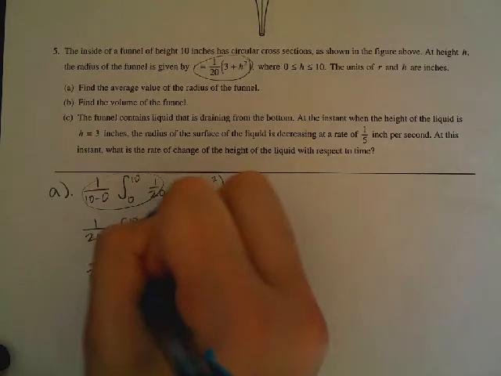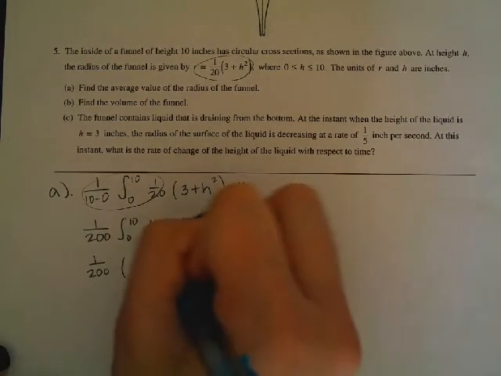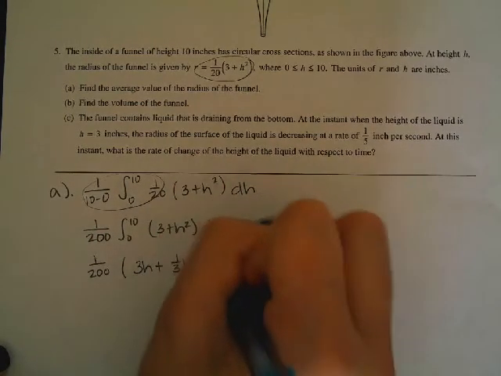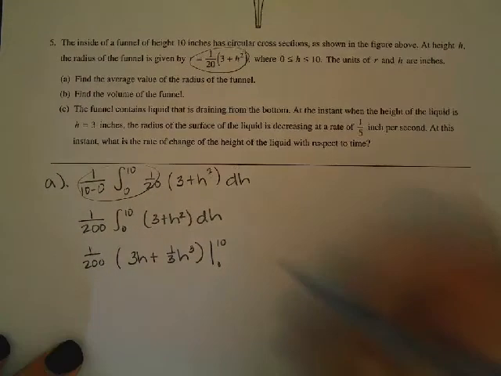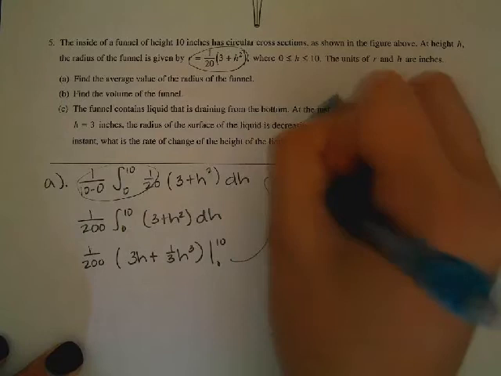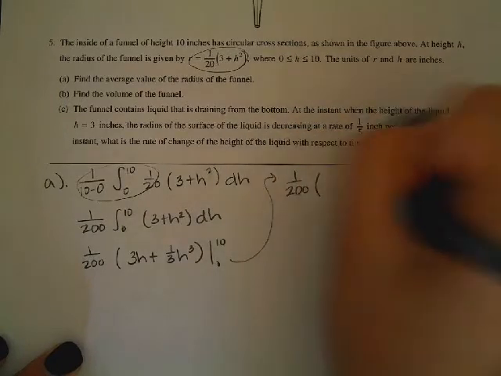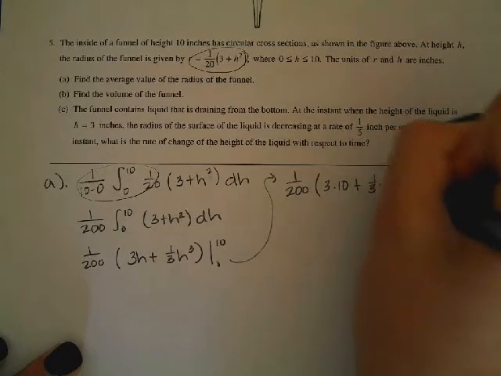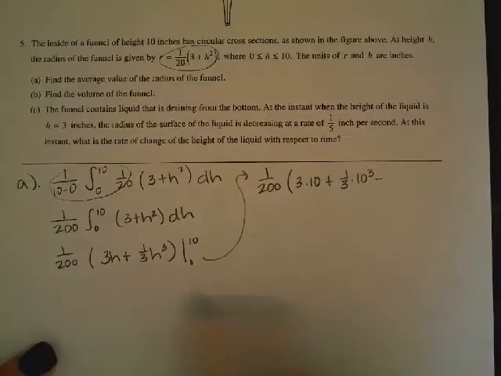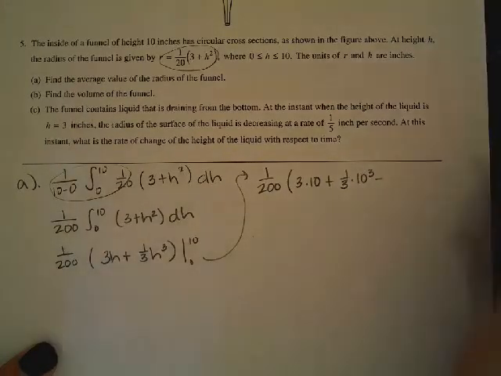So I have 3h plus 1/3 h cubed. So I have 3 times 10 plus 1/3 times 10 to the third. And then if I plug in 0, I get 0 plus 0.